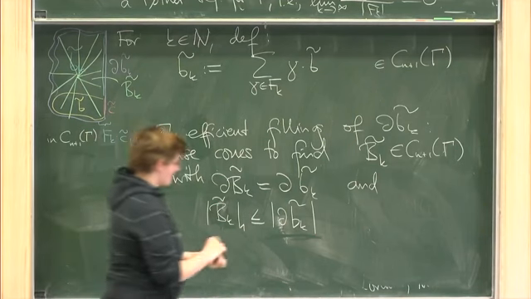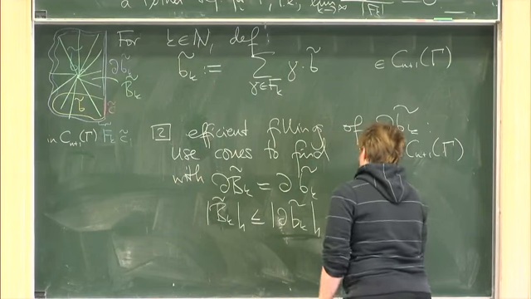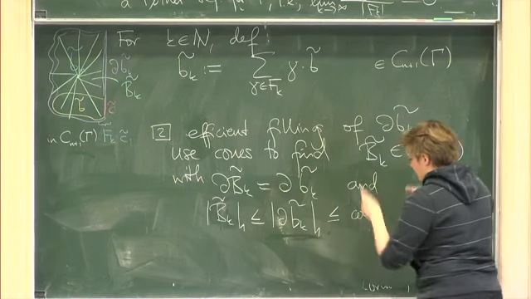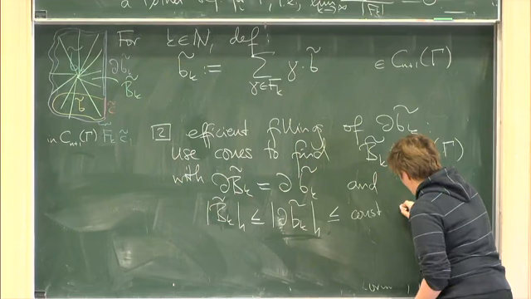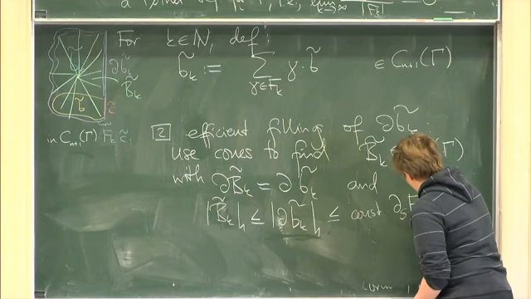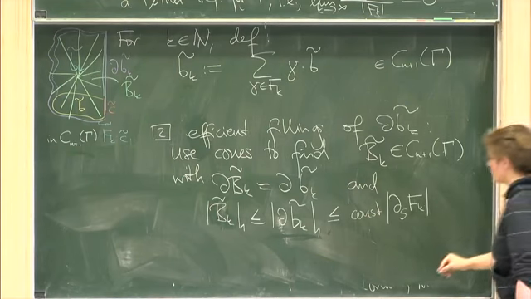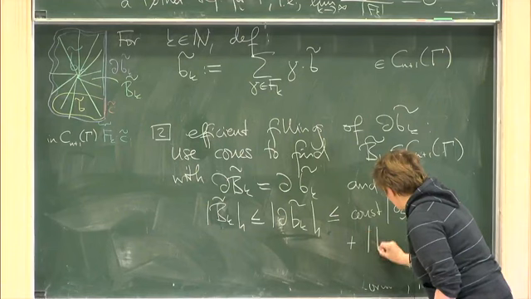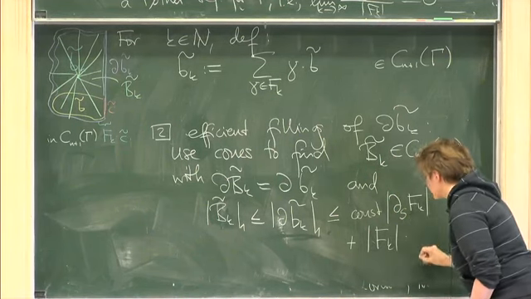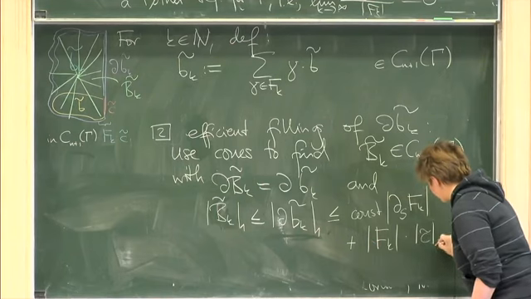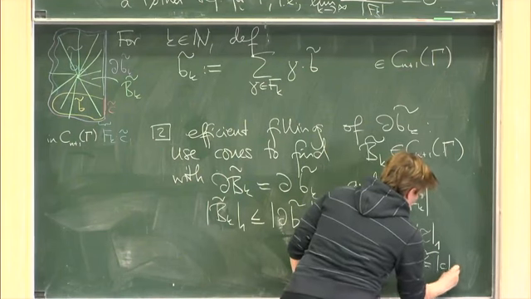So the size of this boundary is controlled by some constant that will also depend on B, but that doesn't really matter, times the boundary size of the Følner set that we used, plus roughly the size of the Følner set itself times the norm of C tilde. And this is, of course, by construction bounded by the norm of C.